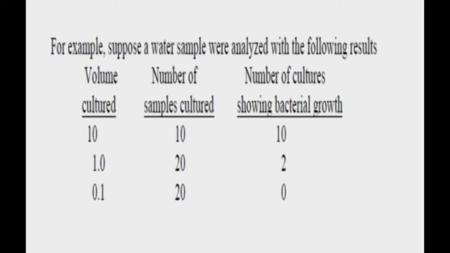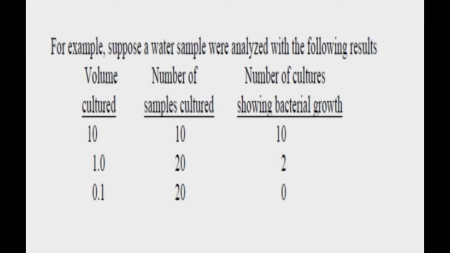For example, suppose a water sample were analyzed with the following results: volume cultured, number of samples cultured, and number of cultures showing bacterial growth. Volume cultured 10, number of samples cultured 10, and number of cultures showing bacterial growth 10. Then volume cultured 1, number of samples cultured 20, and number of cultures showing growth 2.